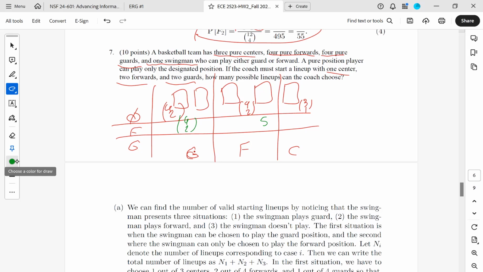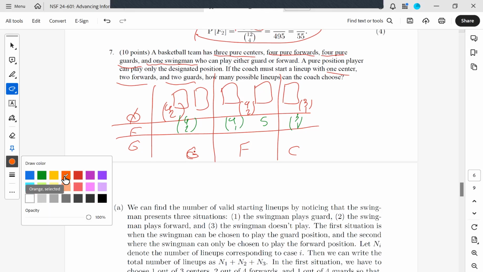How many choices do we have for picking the forwards? 4 choose 1, because one of the spots for forward is already filled with the swingman, right? So here we have to choose 1 out of the 4 people for forward. Center would not make any difference. We still have 3 people that we want to choose 1 out of.